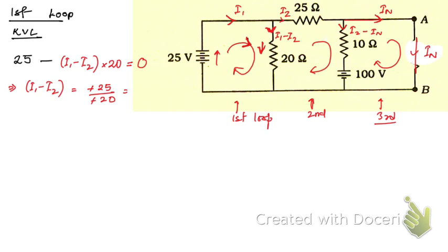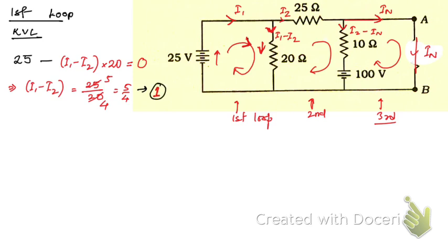That's how we got it. And if you cancel this, 5 fives are 25, 5 fours are 20. So you're going to have 5 by 4, right? This is suppose equation number 1.